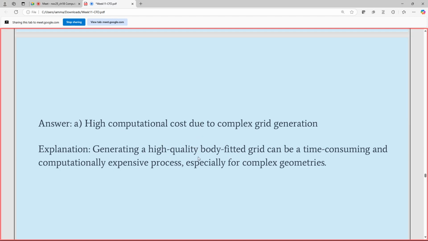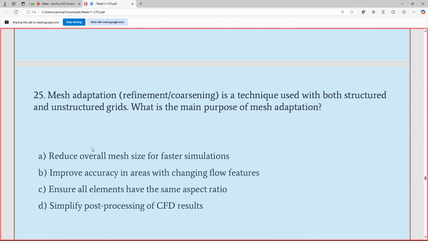Generating a high quality body fitted grid can be a time consuming and computationally expensive process, especially for complex geometries. The answer is option A. Moving on to next question.